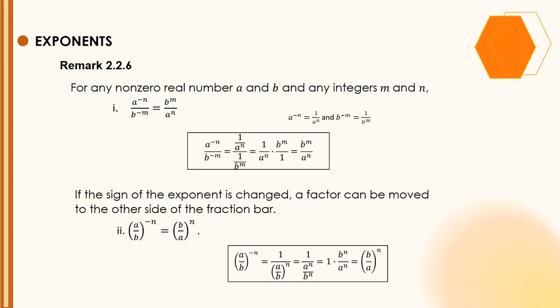Then, using division of fractions, this will be equal to 1 times b to the power of n over a to the power of n. And this is equal to (b over a) quantity to the power of n. So, nilabas natin yung n.